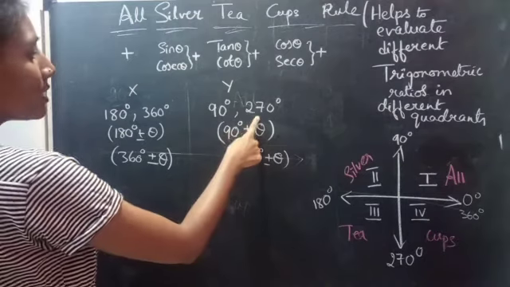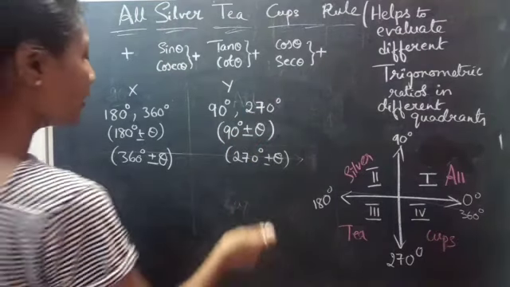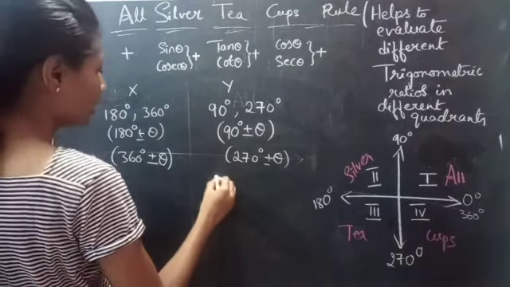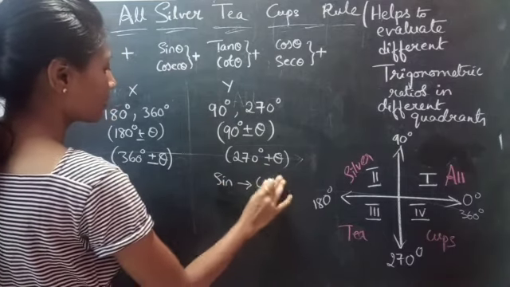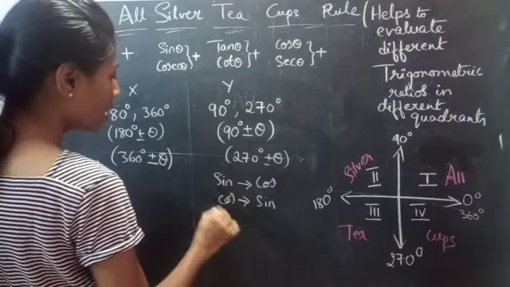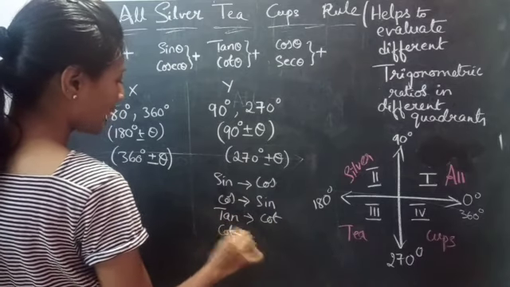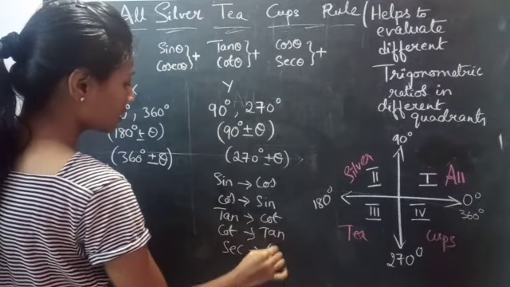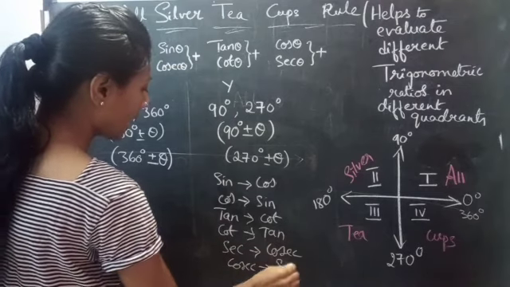For 90 degrees and 270 degrees, the trigonometric function changes: sine to cos, cos to sine, tan to cot, cot to tan, secant to cosecant, cosecant to secant.